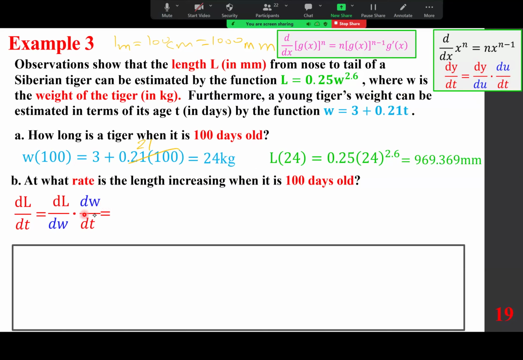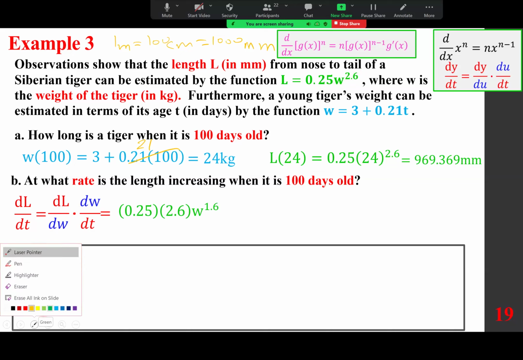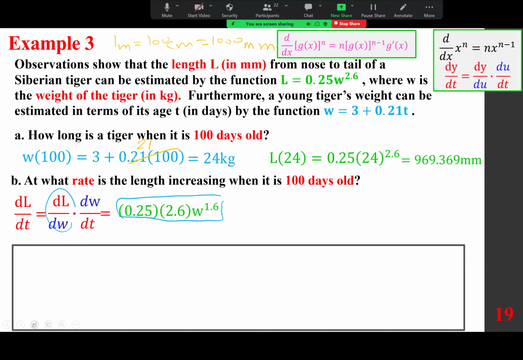Now, what does this mean? This means differentiate L with respect to W. W is the independent variable here. So 0.25 times 2.6, W to the power of 2.6 minus 1, or 1.6. That's dL/dW, everybody. What is dW/dt? It's just 0.21. Multiply 0.25, 2.6, and 0.21, and you get 0.1365 W to the power 1.6.